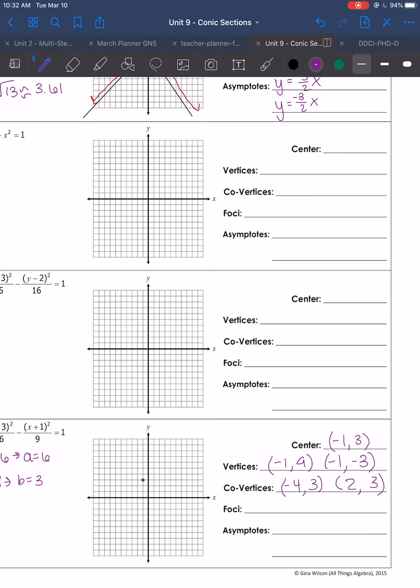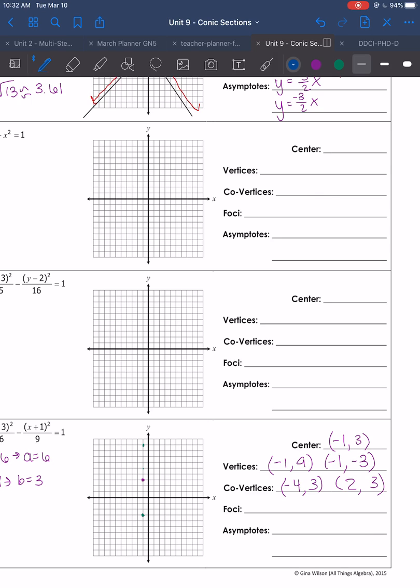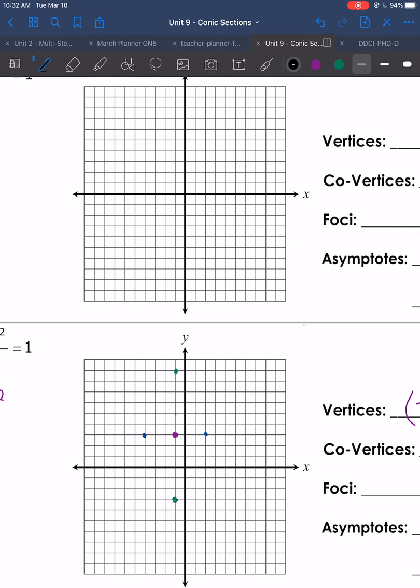So if I wanted to graph those, those are my vertices, and then let's find my co-vertices. Let's make those blue. Then we'll draw a dotted box.